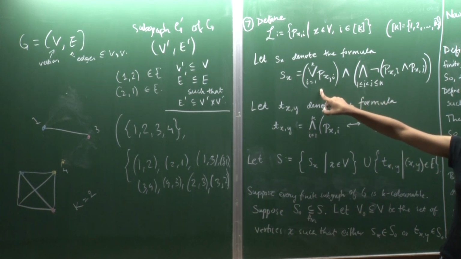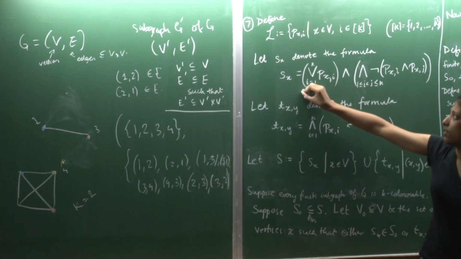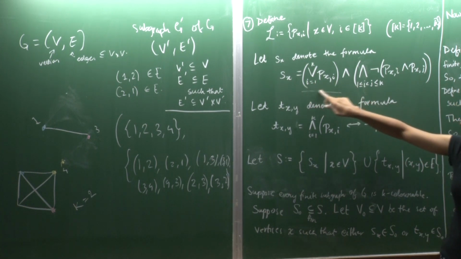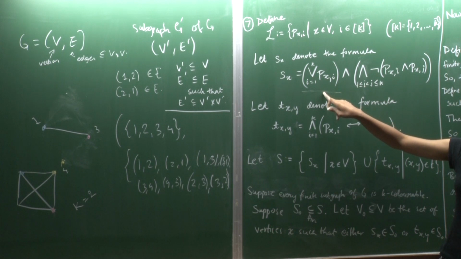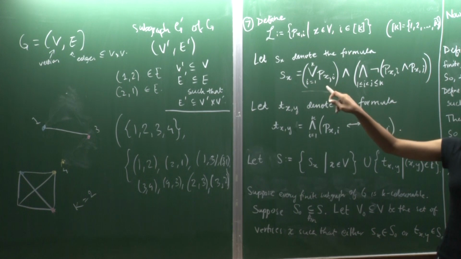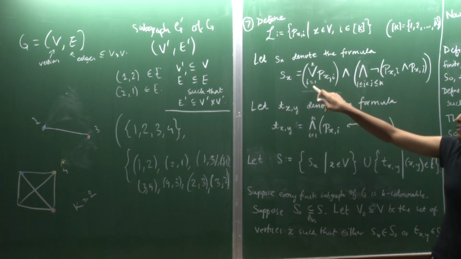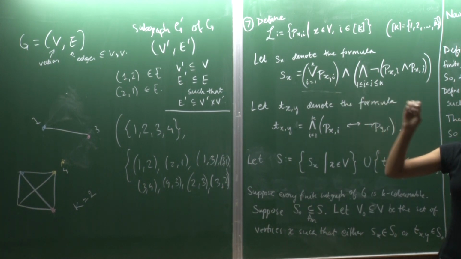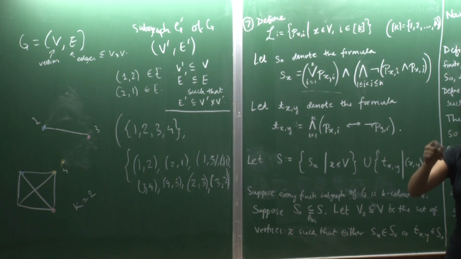So this is what that formula denotes. What it says is that it's the join of all the Pxi's, where i iterates over the colors while x is fixed, right? So this tells you if you want the formula to be satisfied, you would want at least one Pxi to be true, which means that your vertex x receives at least one color, right? Is anybody lost? Okay.